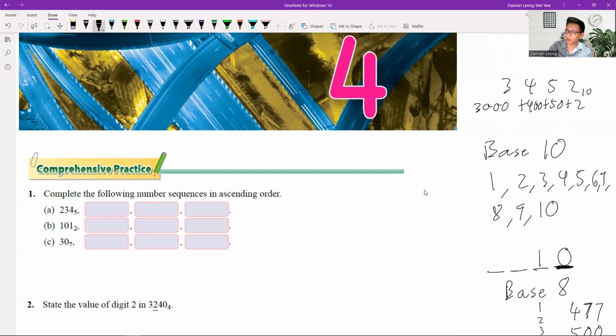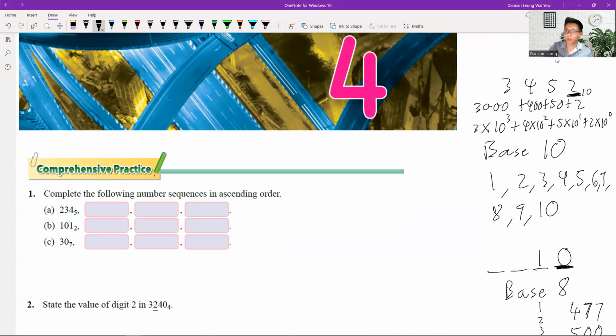In terms of base numbers, it's 3 times 10 to the power of 3, 4 times 10 to the power of 2, 5 times 10 to the power of 1, and 2 times 10 to the power of 0. So the first place value is represented by your base number to the power of 0. Second position, base number to the power of 1, then to the power of 2, power of 3, and so on. So that's how it all works.